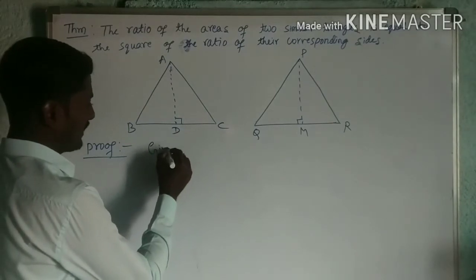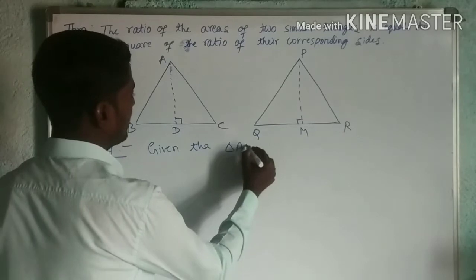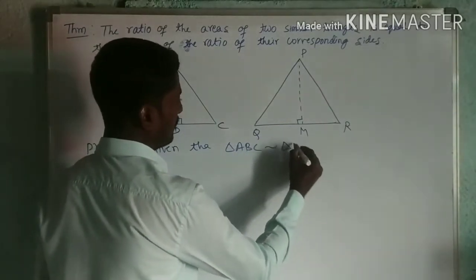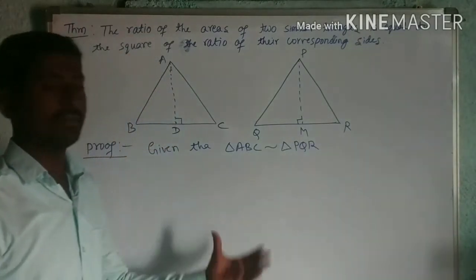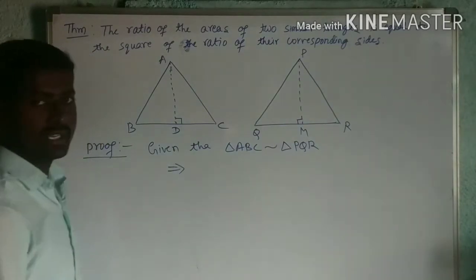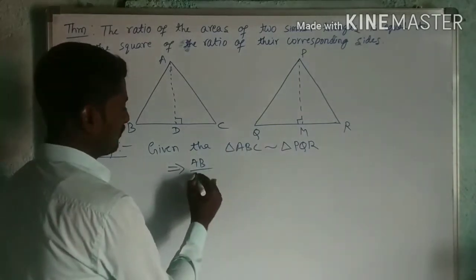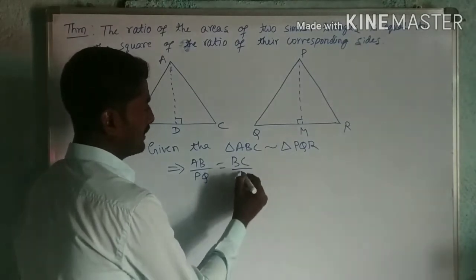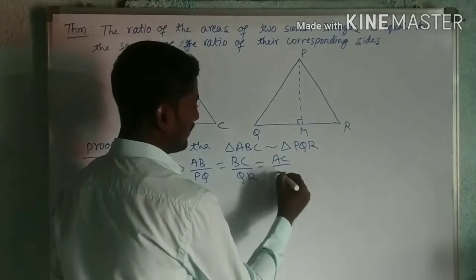Given that triangle ABC is similar to triangle PQR, this implies AB divided by PQ is equal to BC divided by QR is equal to AC divided by PR.